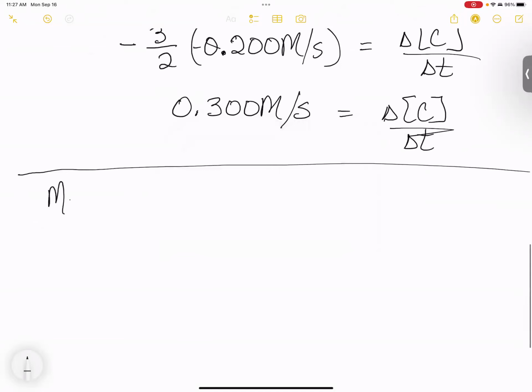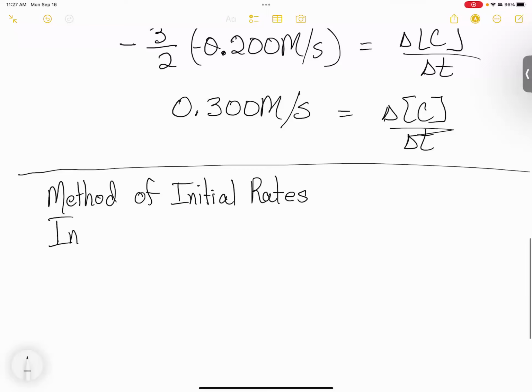Those methods are the method of initial rates and integrated rate laws. That's how we're going to determine this information experimentally, using one of these two methodologies.